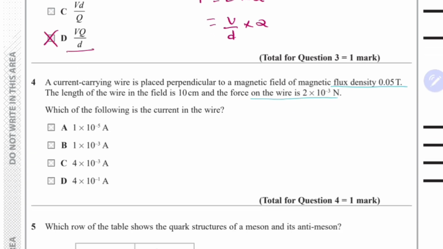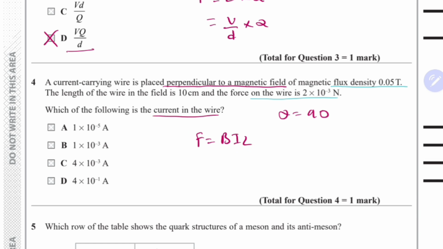Number 4. A current carrying wire is placed perpendicular to a magnetic field of magnetic flux density 0.05 Tesla. The length of the wire in the field is 10 cm and the force on the wire is 2 × 10 to the power minus 3 Newton. Which of the following is the current in the wire? As we know, it is perpendicular to the magnetic field, which means theta is equal to 90, so we can use the formula F equal to BIL.